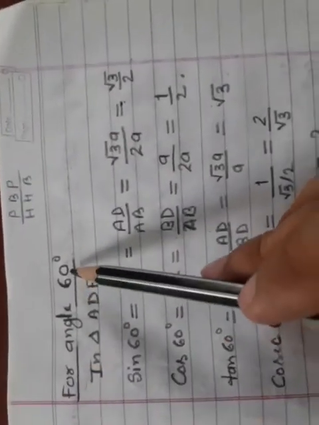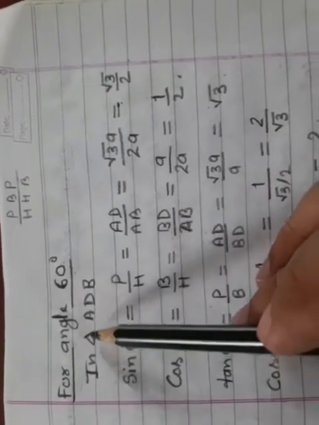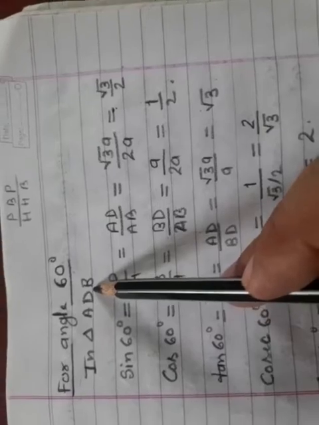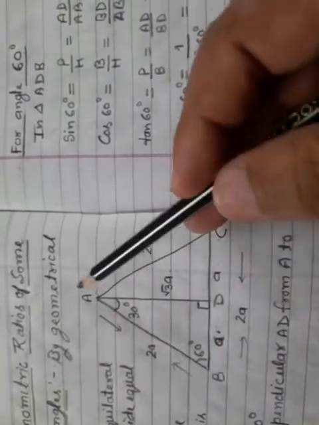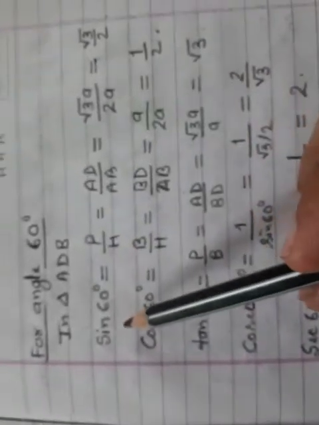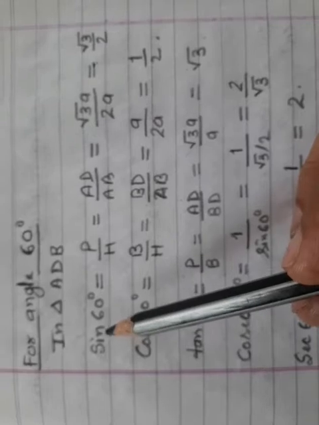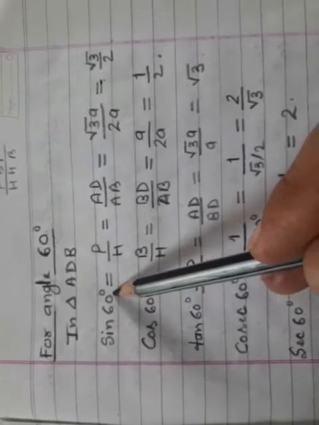Clear? Now let us discuss the angle 60 degrees in triangle ADB. Take sine 60 degrees.